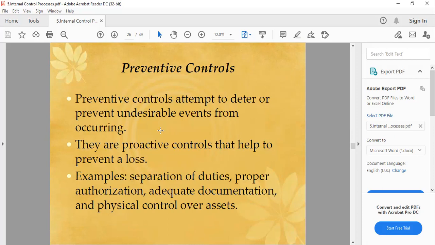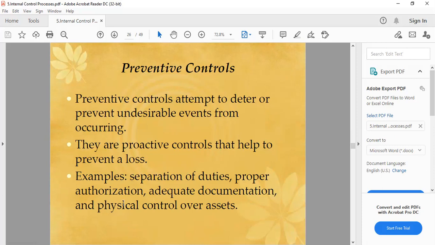So this is being proactive. Then we wait for some situations to happen before we take any actions, and we suffer the consequences later on. So this is proactive versus being reactive, which is now on the corrective controls.